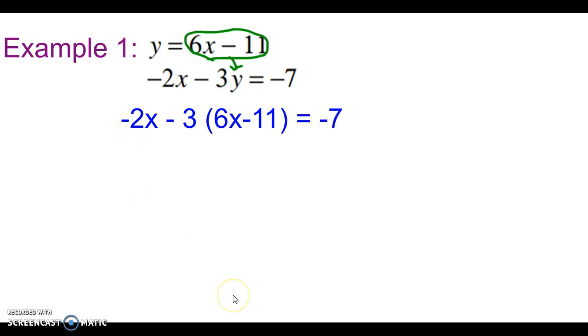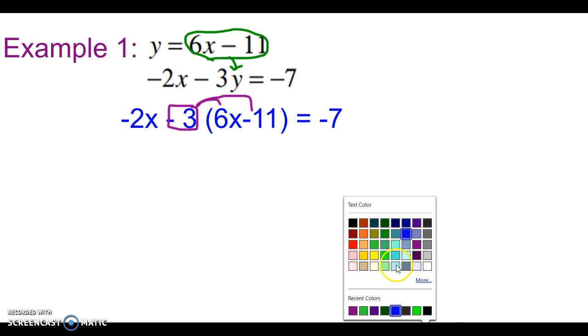Okay, so our next few steps are going to bring you back to some of the skills we've already learned in algebra. So our first step from here is going to be to distribute. We are going to take our negative 3 and distribute it to every term inside of our parentheses. And when we distribute, we are multiplying. All of you at home are probably like, yes, Miss Farmer, we know this. You tell us all the time.